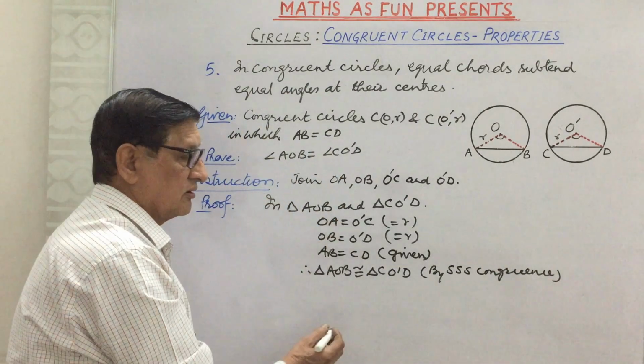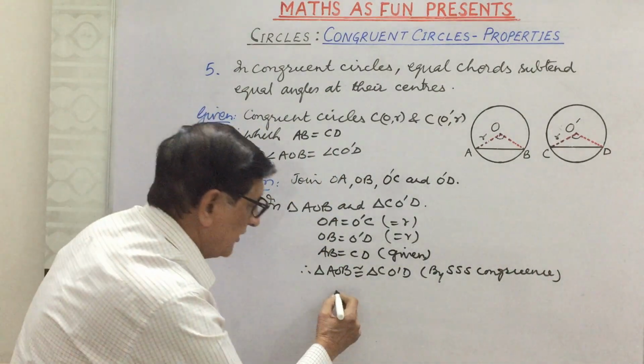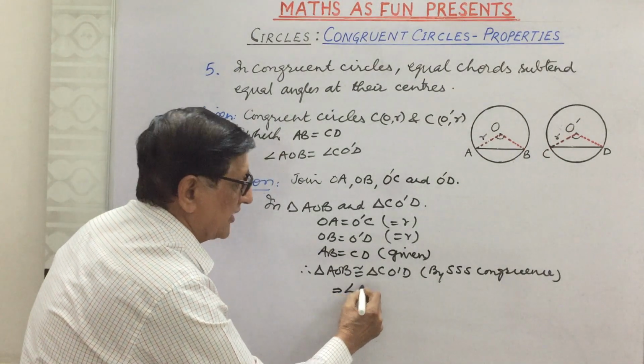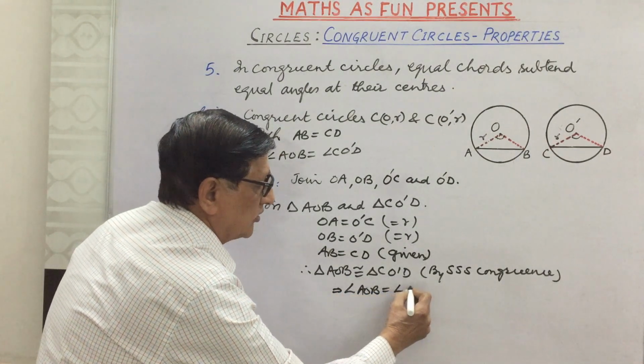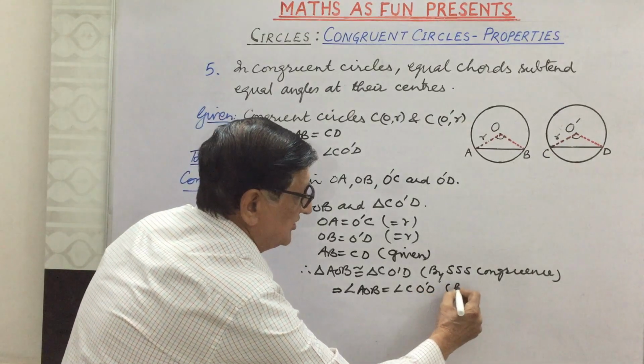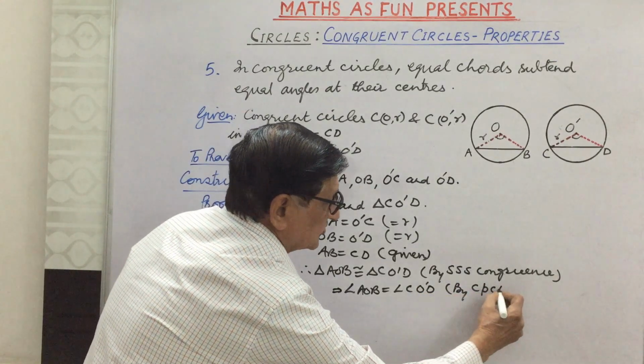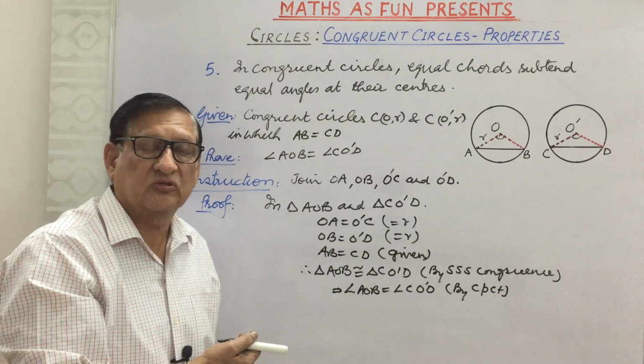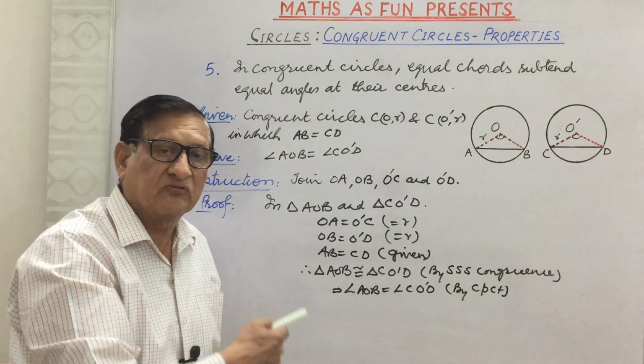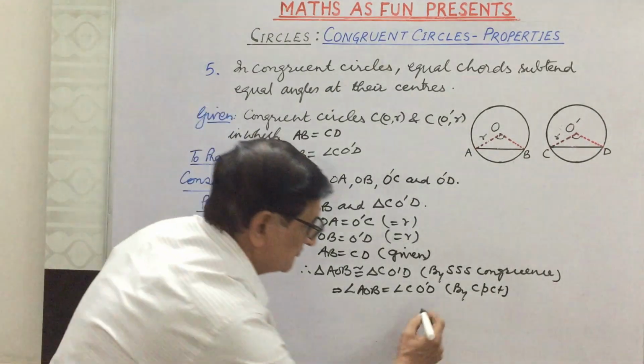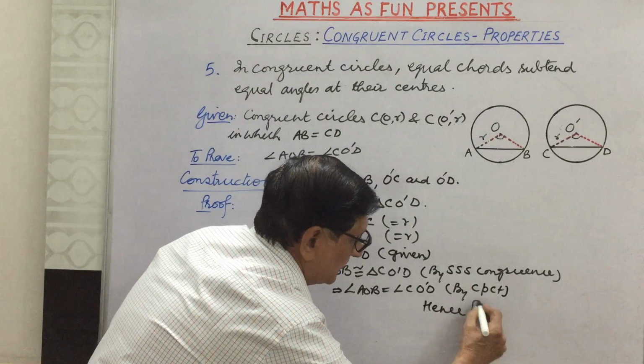And if they are congruent, corresponding parts are equal. It means we can say that angle AOB is equal to angle CO dash D by CPCT, corresponding parts of congruent triangles, and that is what we had to prove. Hence, proved.